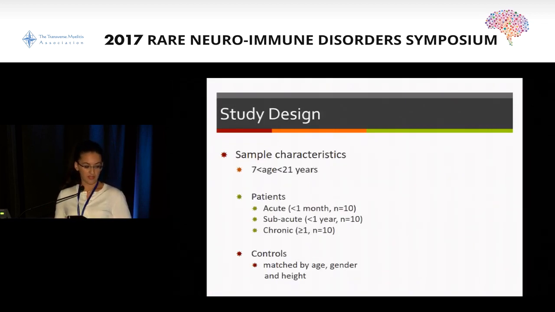In a typical study visit, we're enrolling ages 7 to 21, at different stages of myelitis. As I mentioned, 30 patients, 30 matched controls. We match by height, age, and gender, and we match by height because we want to make sure that we're covering the same levels of spinal cord in both groups, and it has been a little bit challenging.